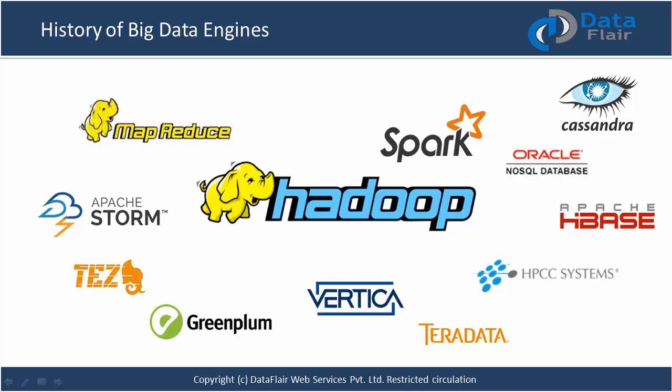So guys, after all these big data solutions, big data engines, still industry is doing lots of research for new big data solutions, because again and again new requirements are coming, new problems are coming which can't be addressed with the existing solutions.